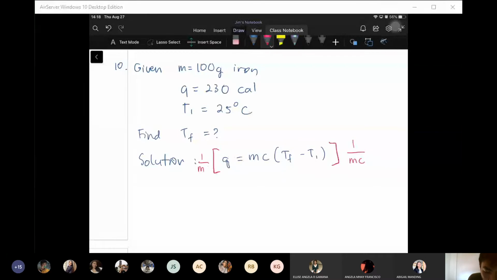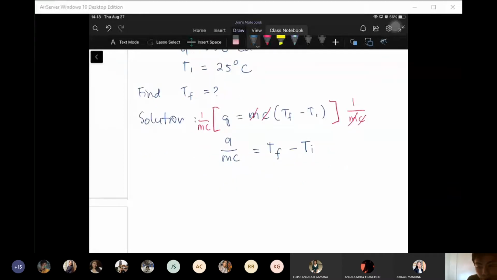Or pwede mag-cross multiply, no? What's the purpose of dividing both sides by MC? To cancel the mass and the specific heat. So the equation will now be written as Q over MC equals TF minus TI, final temp minus initial temperature.